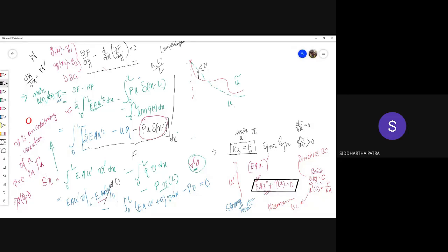If this is not 0 in general, and in general means always, for any arbitrary V, this is not true for any arbitrary V. V being an arbitrary function of x, it's not true all the time. So how do you look at this expression?